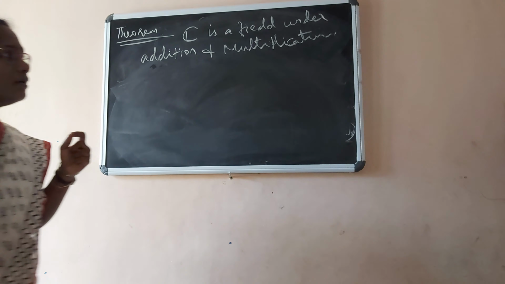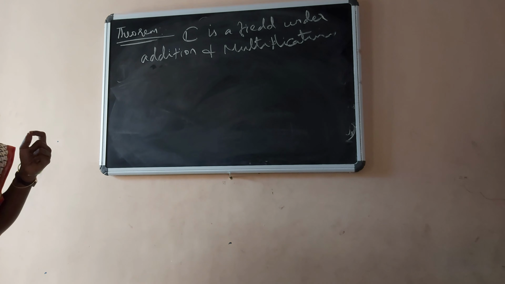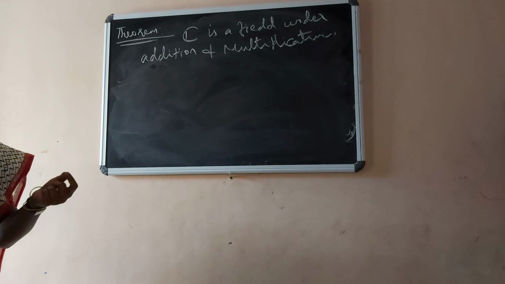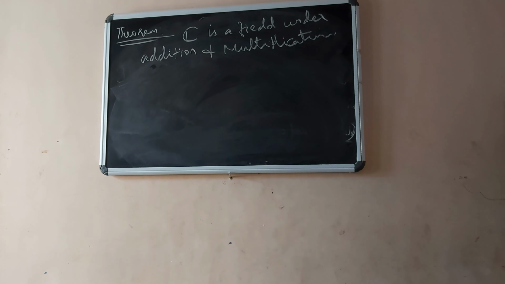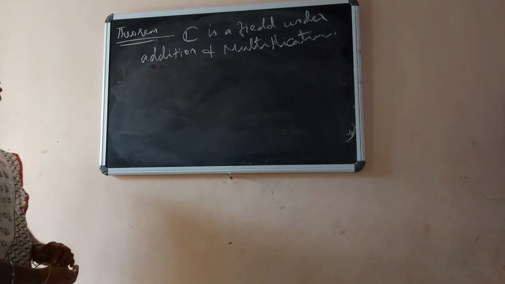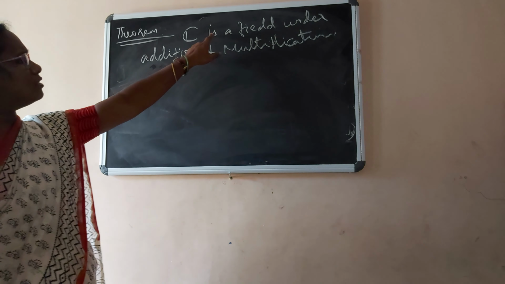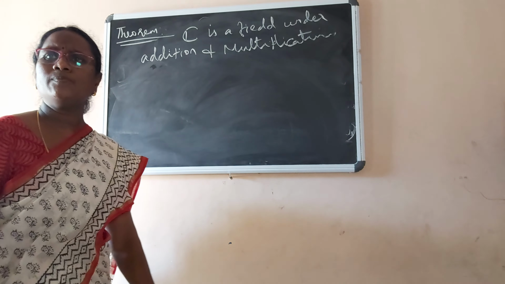You know how to define the addition and multiplication of complex numbers. What does it mean that C is a field? What does it mean by field?